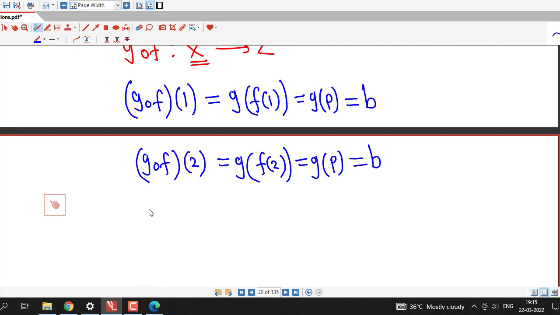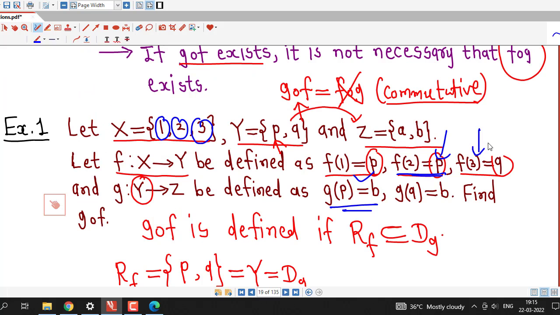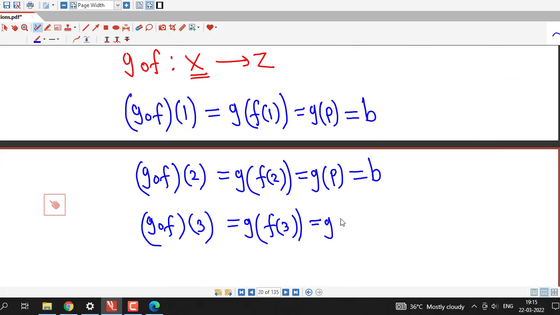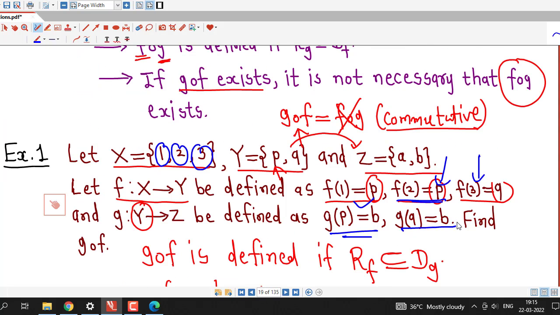Then we find out g o f at point 3. This is going to be g of f of 3, and f of 3, the value of the function at point 3, is q. So here we replace f of 3 by q, and g of q is b.